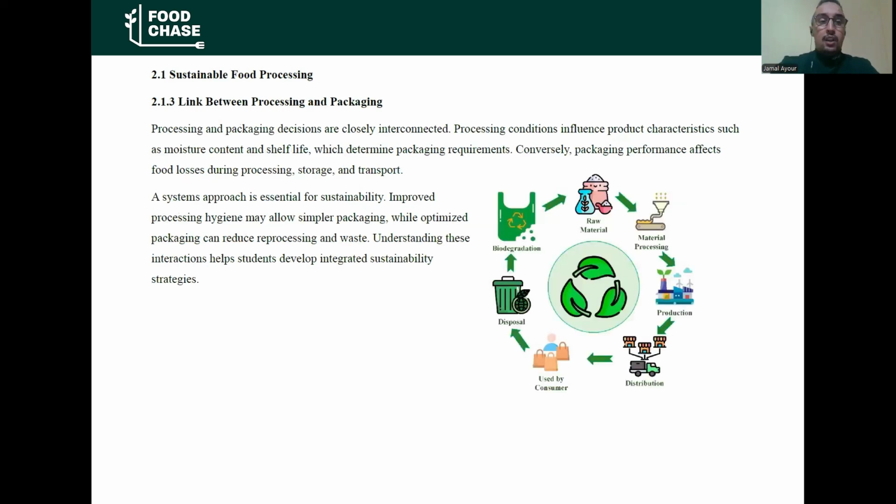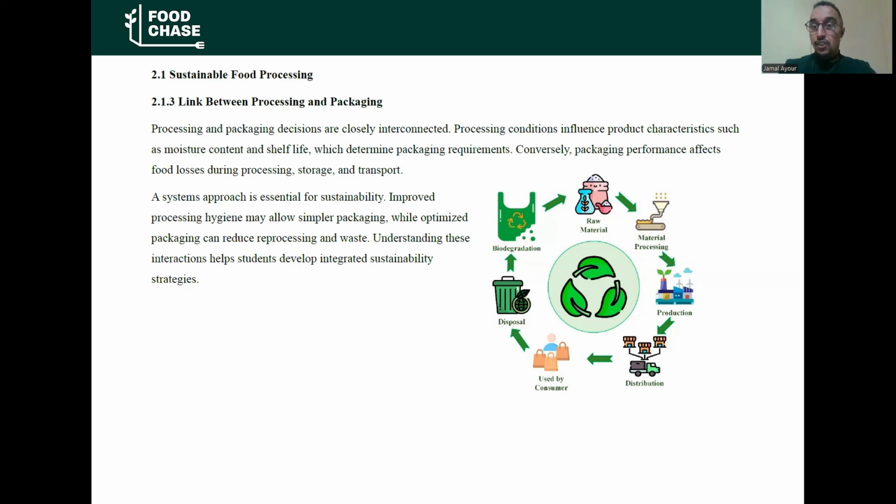About the link between processing and packaging, it's a very important bridge between these areas. It's very important because in all industry, in all food systems, processing and packaging are used. So processing and packaging decisions are closely interconnected.